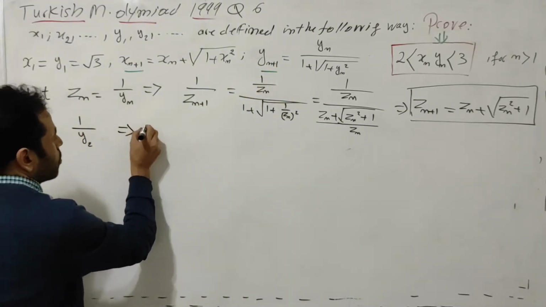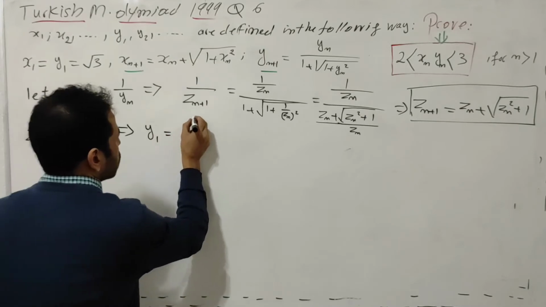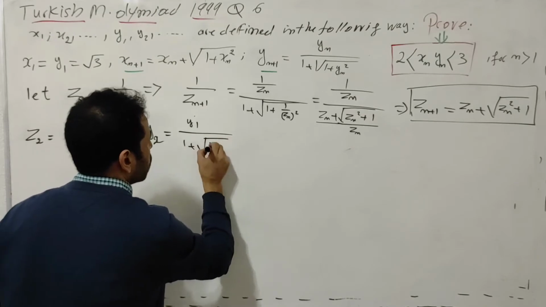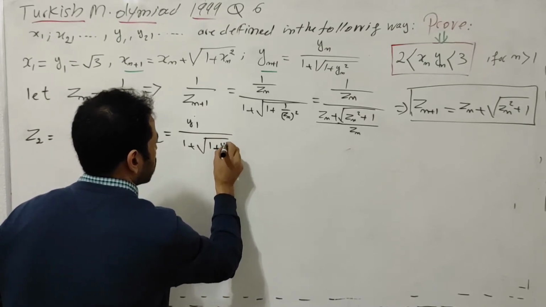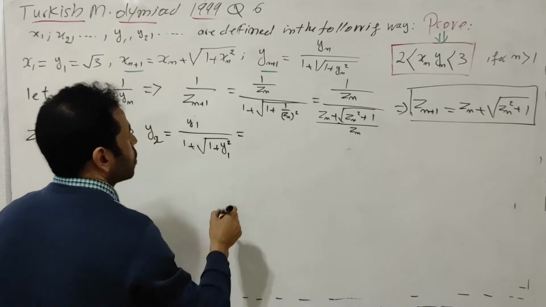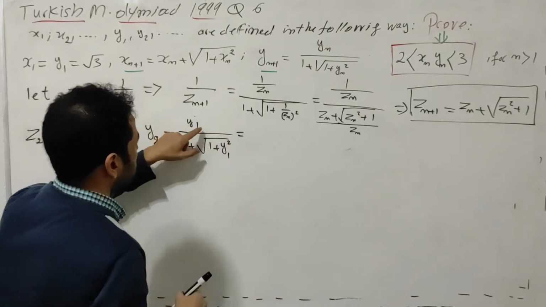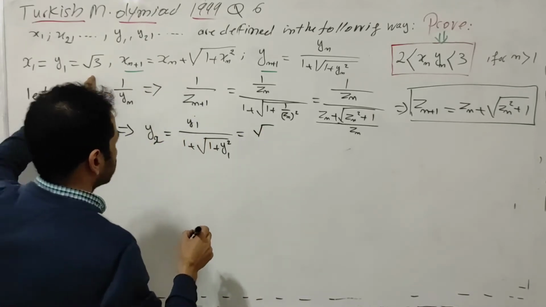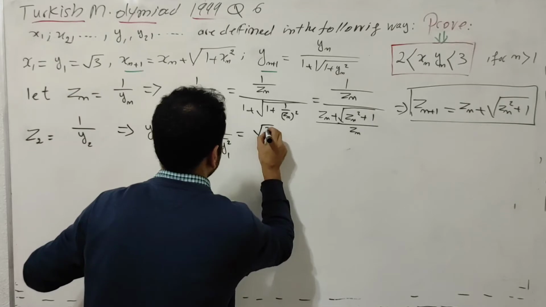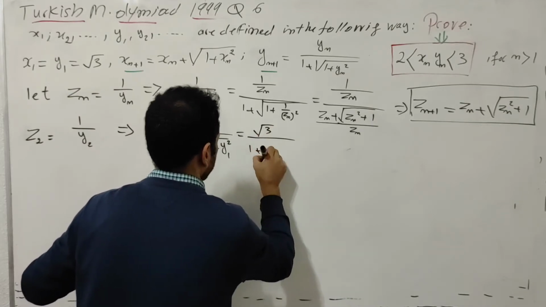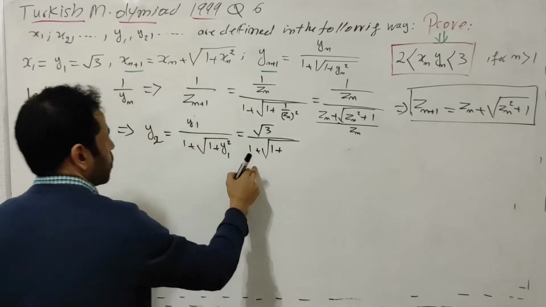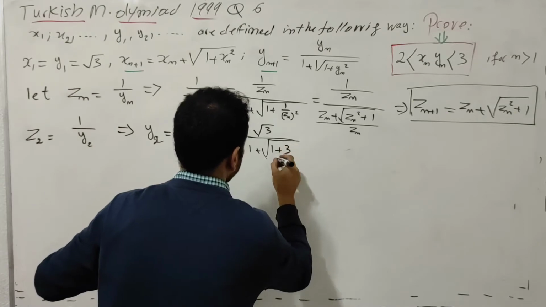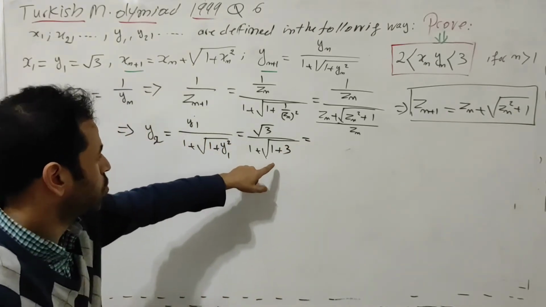So I will have y2 equal to y1 over 1 plus square root of 1 plus y1 squared. With y1 equal to square root of 3 as the initial condition, I have square root of 3 over 1 plus square root of 1 plus 3. 1 plus 3 equal to 4.